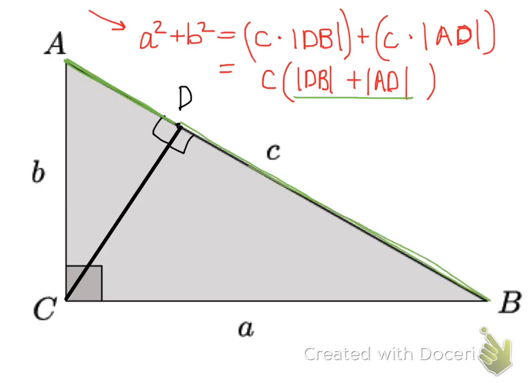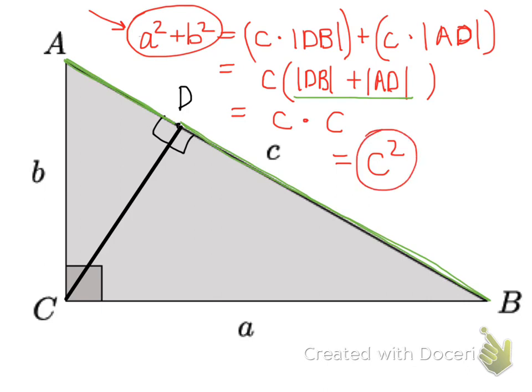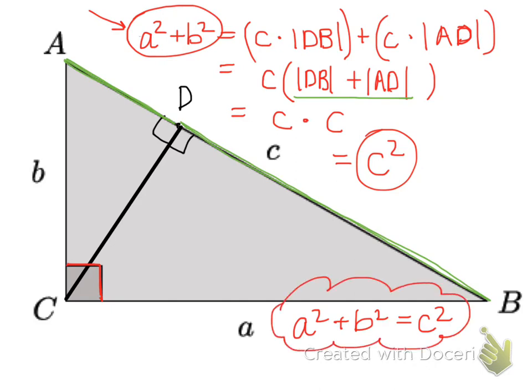If you add those two together, you just get C. And so we have that this is C times C, which is of course equal to C squared. So we have A squared plus B squared on the left and C squared on the right. So we have shown, using similar triangles, that A squared plus B squared is equal to C squared for any right triangle. Okay, so that's a proof of the Pythagorean theorem.